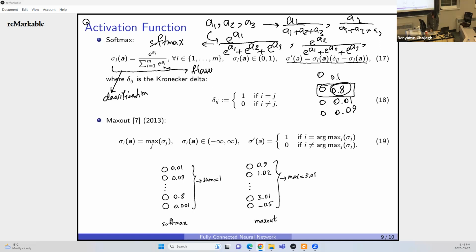Delta ij is a Kronecker delta. Kronecker delta is also used a lot in machine learning, also used a lot in modern physics. I don't know if you have seen the formulas and mathematics of general relativity, special relativity. Have you seen those?